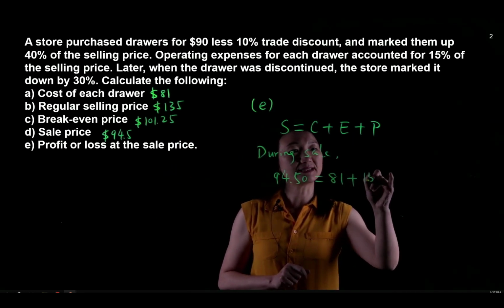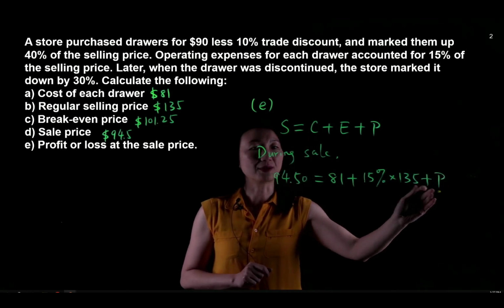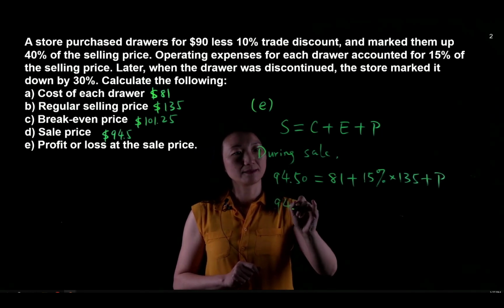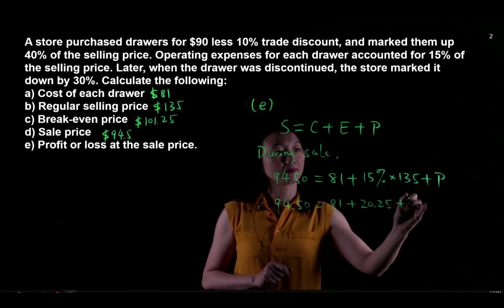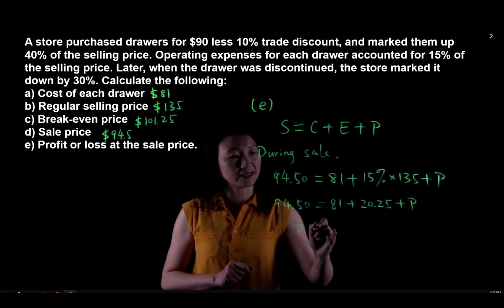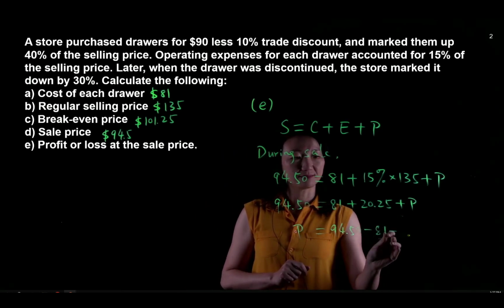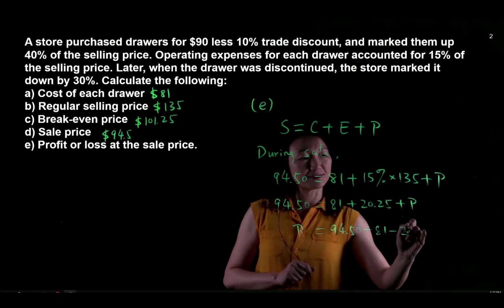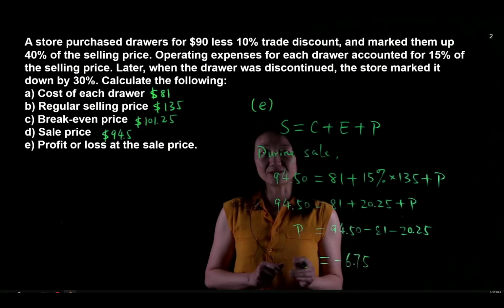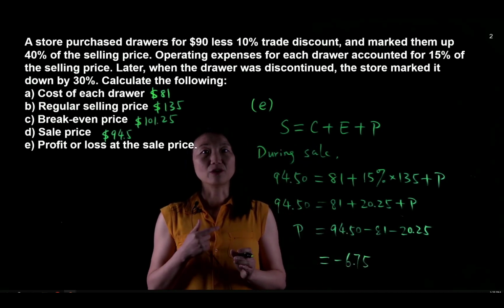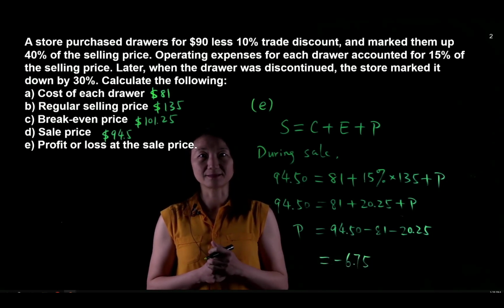Expenses is 15% of the regular selling price, plus the profit. To calculate the P, it is $94.50, take away $81, which is the cost, and then take away the expenses. It came out to be a negative $6.75, which means for every drawer sold, the store would lose $6.75.